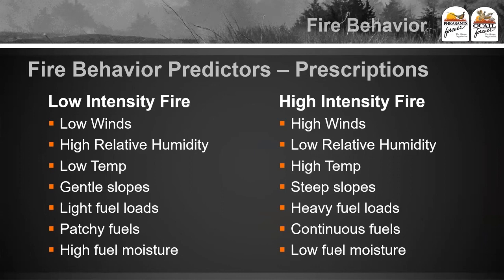So if you can get away with a high relative humidity and high winds, do that, or low winds and high relative humidity. All these different things. It's one of these things you learn on the fire over the years, is how to take these different factors and weave them together to make sure that you're staying safe and within prescription.